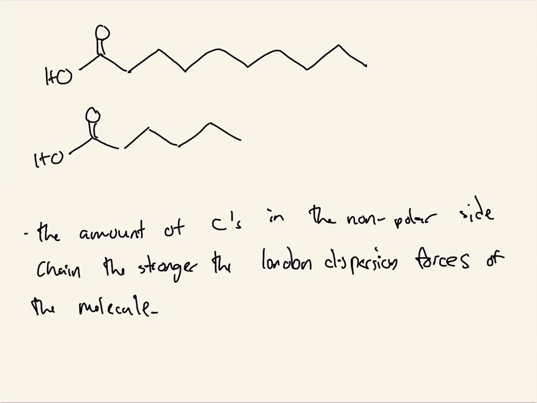So this then implies that the top one will have a higher melting point, and then the bottom will be a lower melting point.